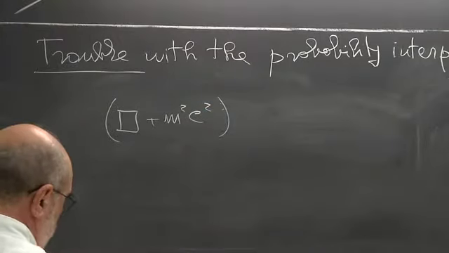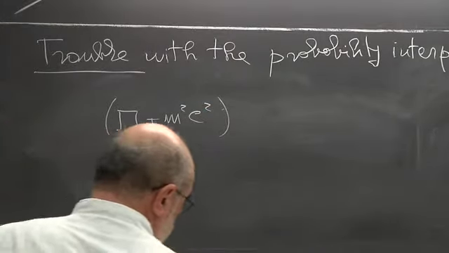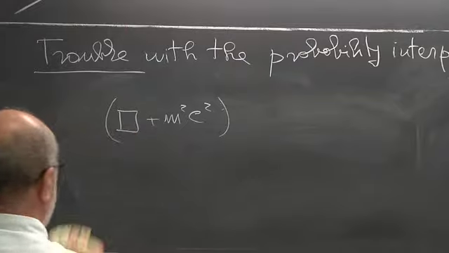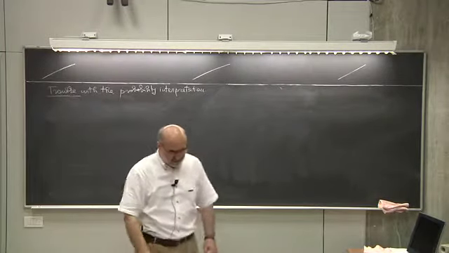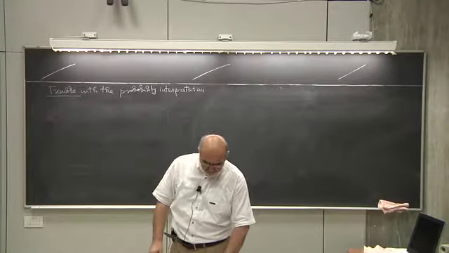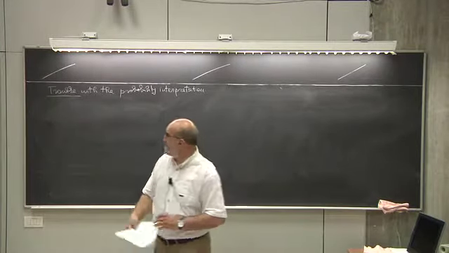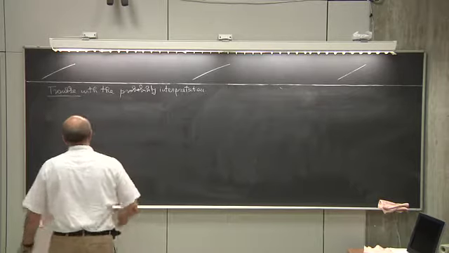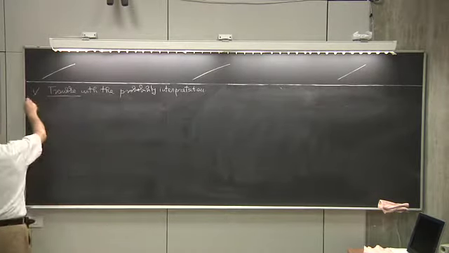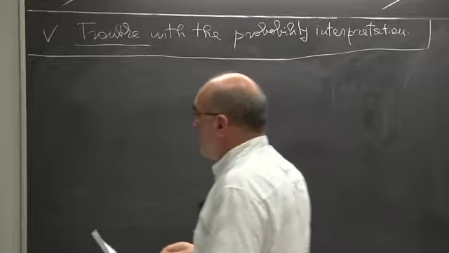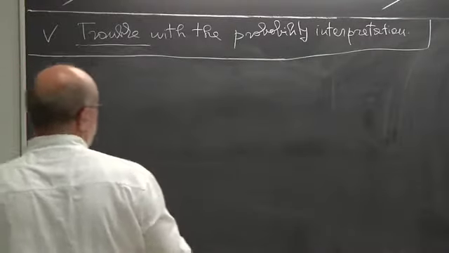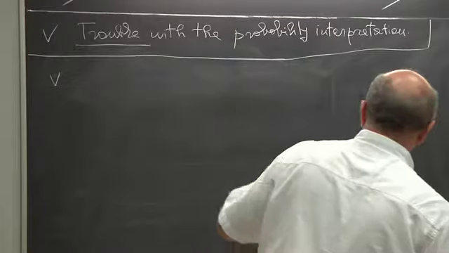But as we have trouble with the probability density interpretation, it might be that it does not have the correct non-relativistic limit. So the first thing is trouble with the probability interpretation. The second, let's see if we have the correct limit.